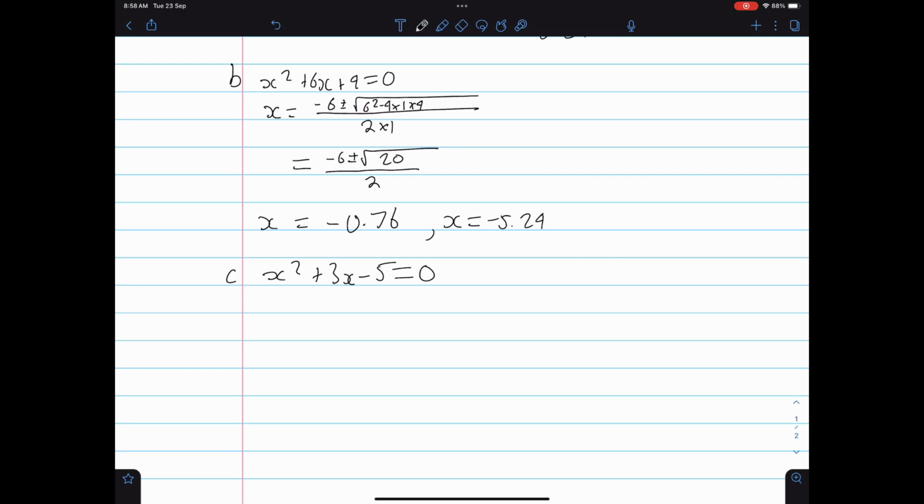Now we have this one, x is equal to minus 3 plus or minus the square root of 3 squared minus 4 times 1 times minus 5, over 2 times 1. It's minus 3 plus or minus, that's 9 plus 20, which is 29, over 2.